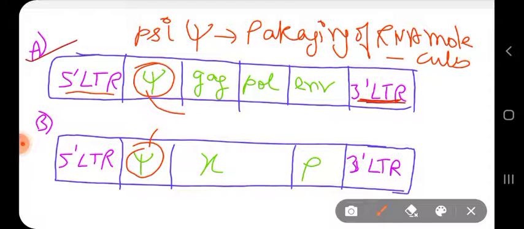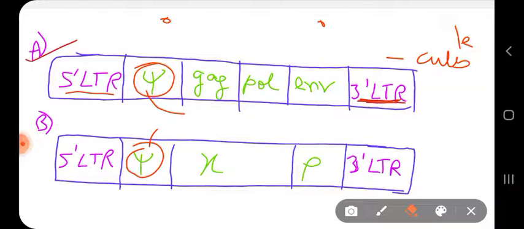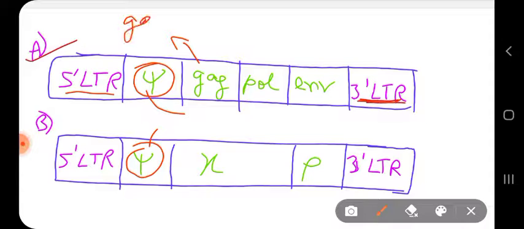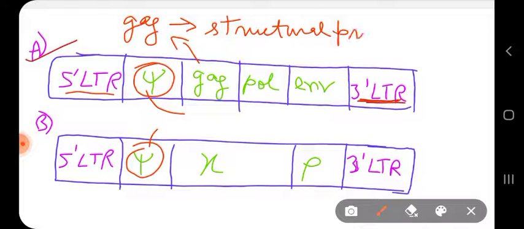Then there is a gene called the GAG gene. Here you can see, the GAG gene codes for a structural protein.